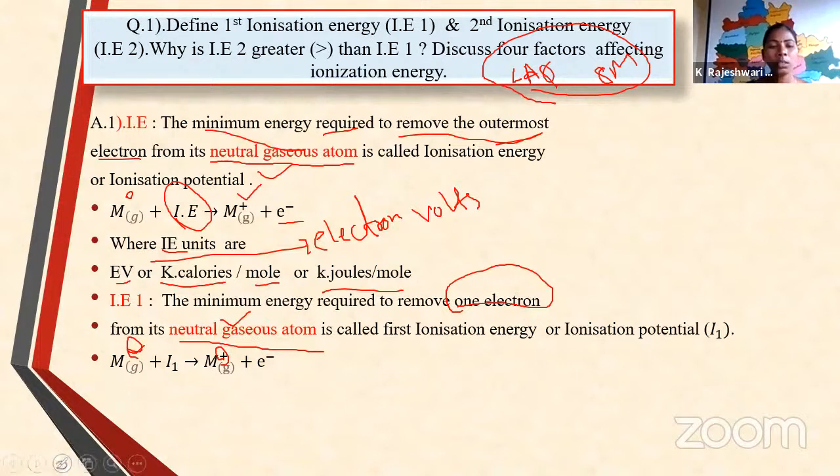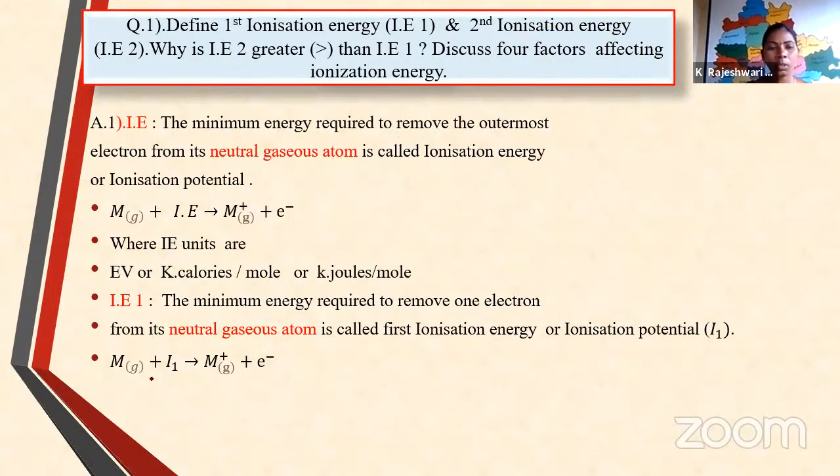So the minimum energy required to remove one electron from the neutral gaseous atom is called first ionization energy or ionization potential I1. M plus I1 gives M plus and one electron. We are just writing I1 here. That is the first ionization energy.